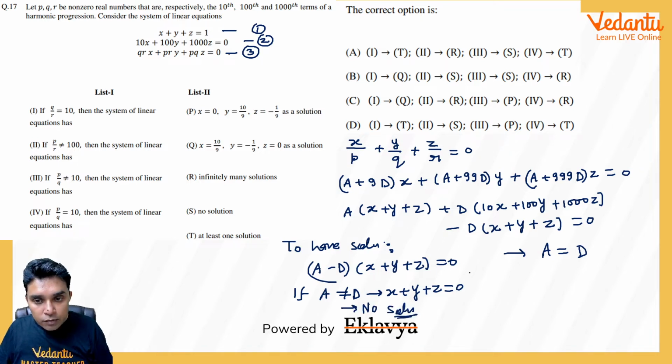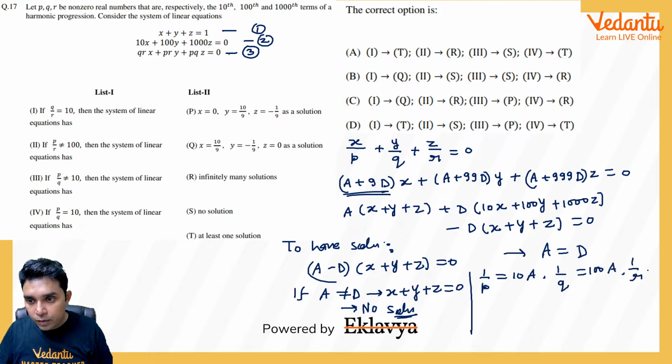Now let us focus on when A is equal to D. If A is equal to D, then 1 upon P will be just 10A, because A and D are the same. Similarly, 1 upon Q will be 100A, and 1 upon R will be 1000A. So if we want a solution, then the ratio Q upon R can be checked, it will be 10, then it will have solutions.